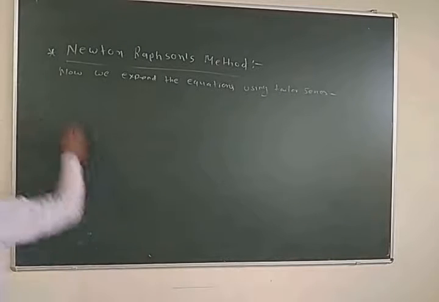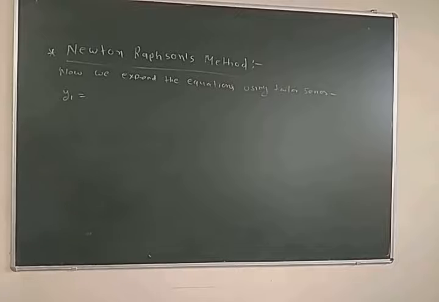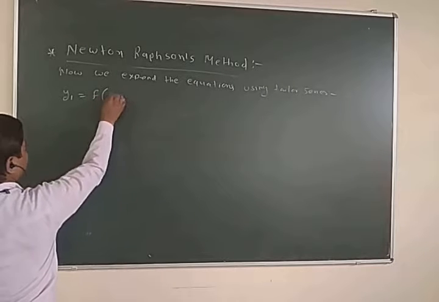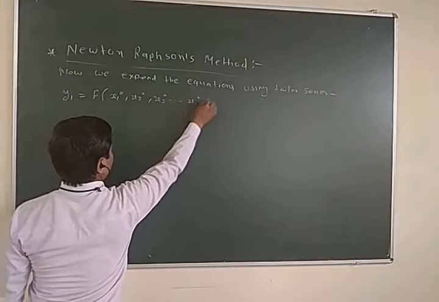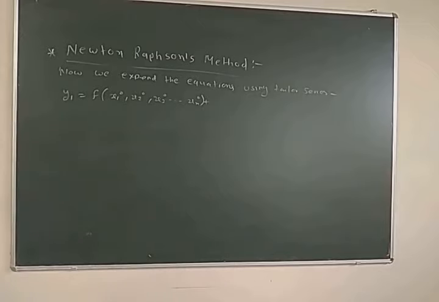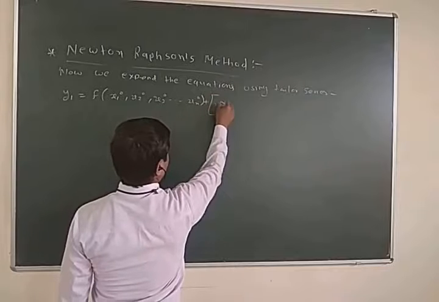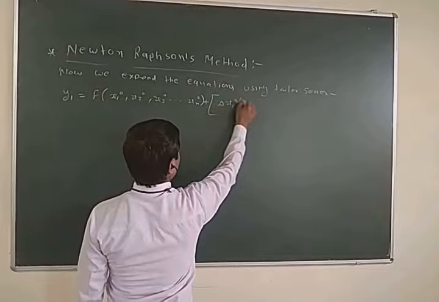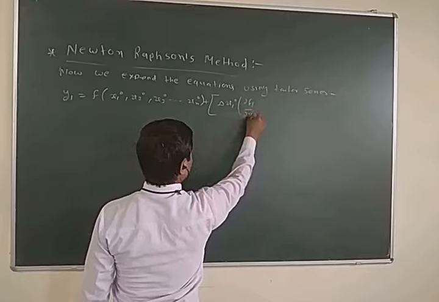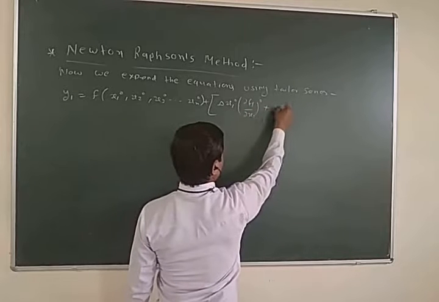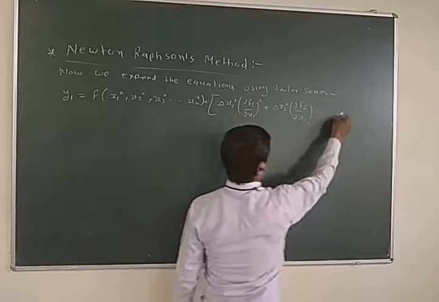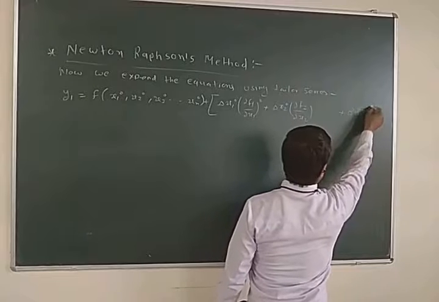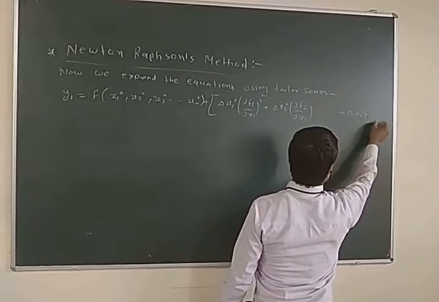So equation y1 is equal to f of x10, x20, x30, dot, xn0, plus del x10 del f1 upon del x1, plus del x20 del f2 upon del x2, dot, del xn0 del f upon del xn.